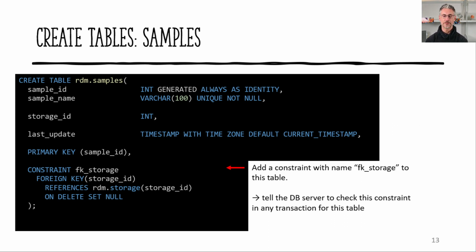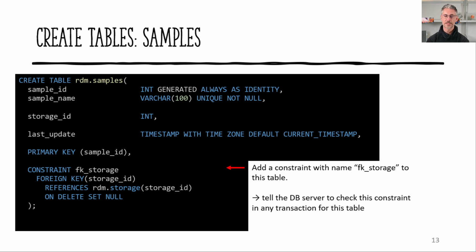So this is for our convenience, and we say, okay, we want to relate this to a foreign key, and we relate it to the table storage. And now explicitly for the database, we tell it it's a foreign key on storage ID. And then we need to tell the database where it will find the storage ID. So that means our table samples now references the storage in the same RDM schema, and in that table the storage ID.